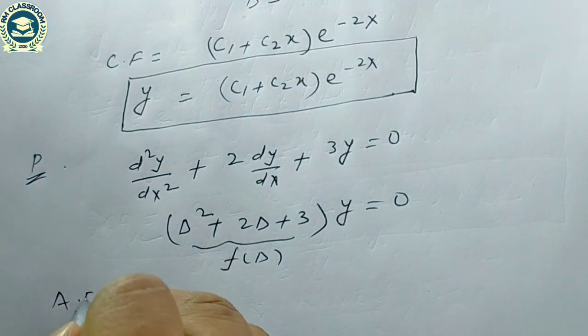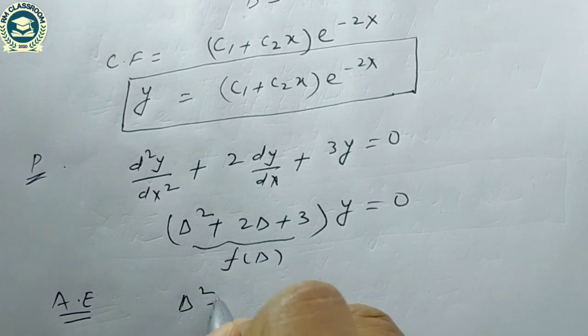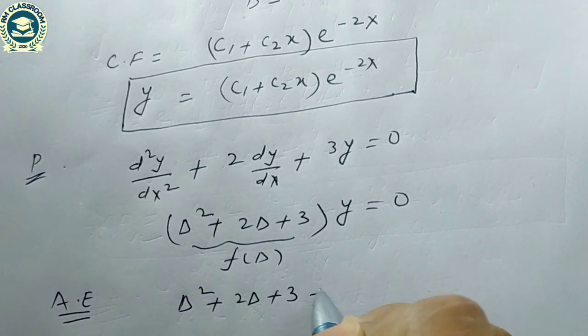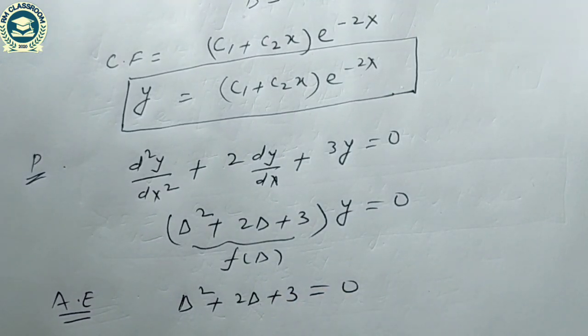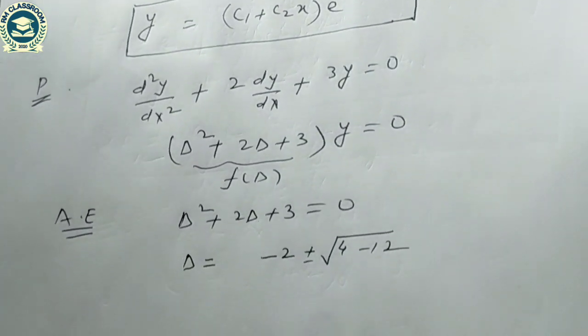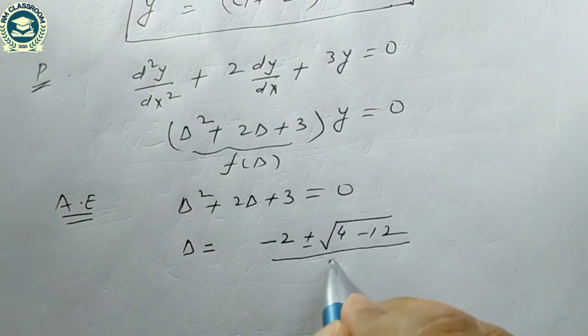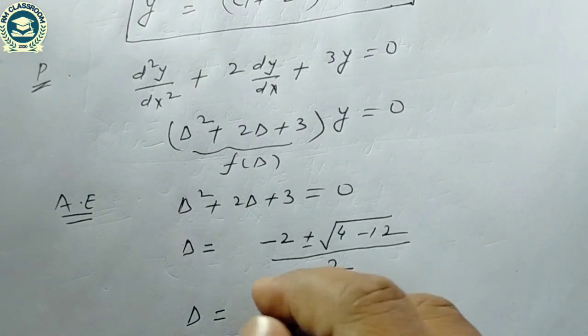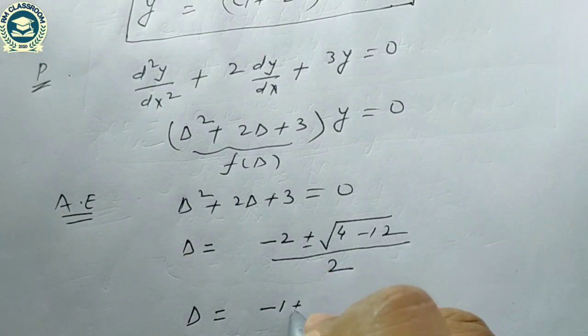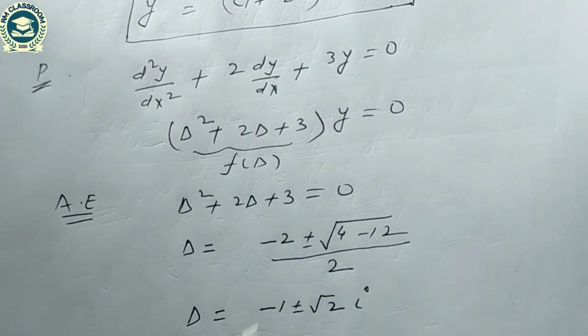So the auxiliary equation D square plus 2D plus 3 is equal to 0. If I compute the roots of this equation, D is equal to minus 2 plus minus square root of 4 minus 12, divided by 2. So D is equal to minus 1 plus minus root 2 i.